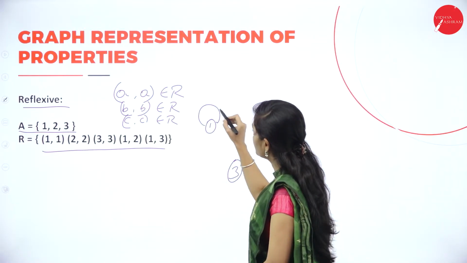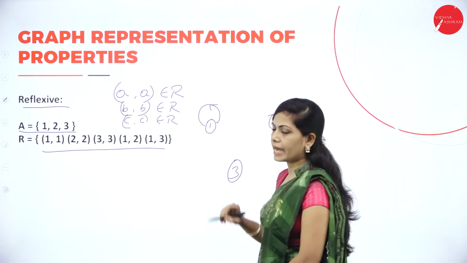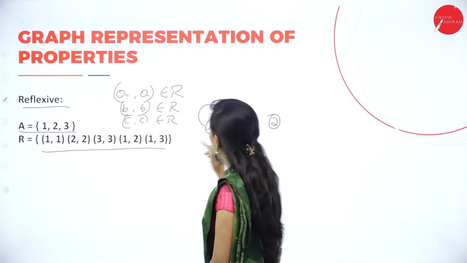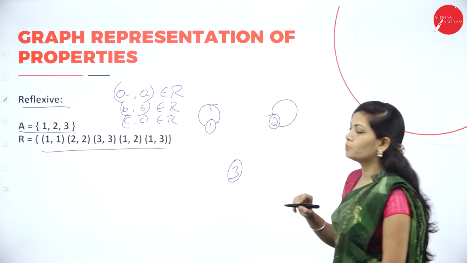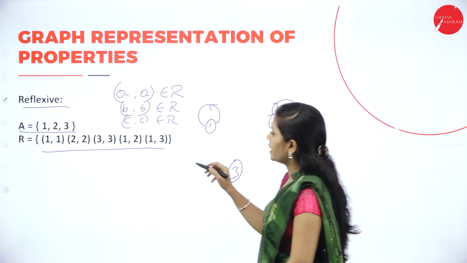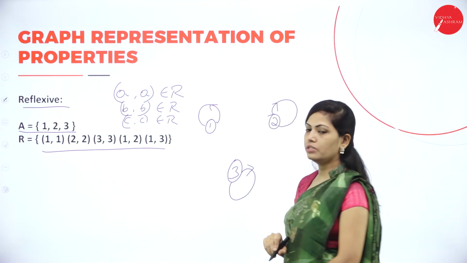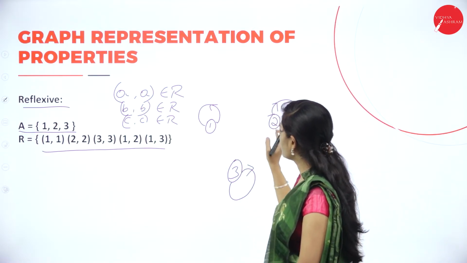Self loop in the sense first write the self loop and mention the direction, and 2 to 2. Again it is a self loop on 2. So mention the direction and again 3 to 3. Mention the direction. Again it is a self loop.